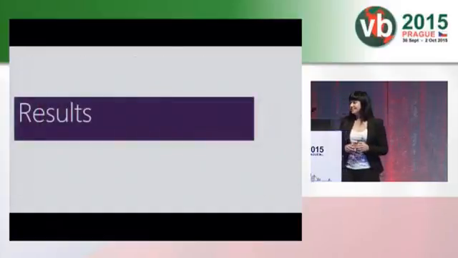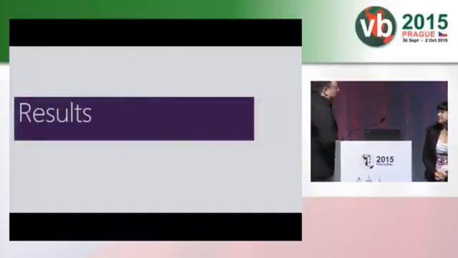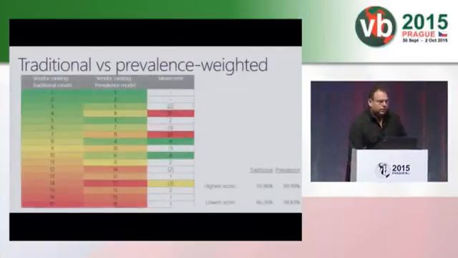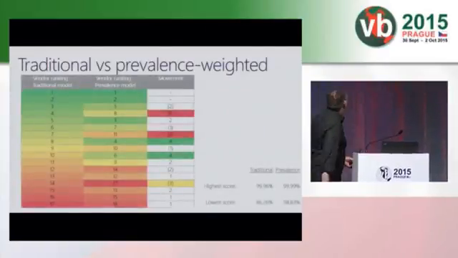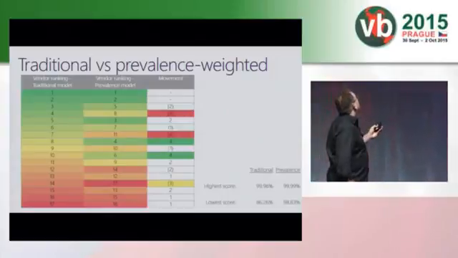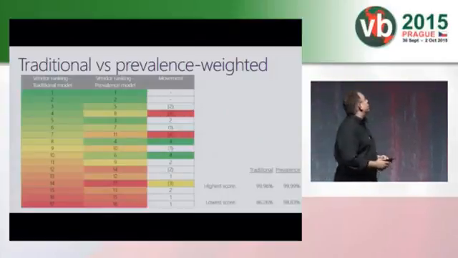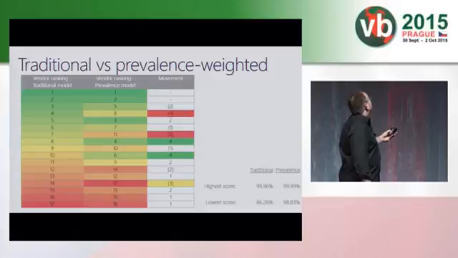Good. Let's come to the results we have seen. We have done a table where you can see the vendor ranking with the traditional model and the vendor ranking with the prevalence model we used, and the movement.